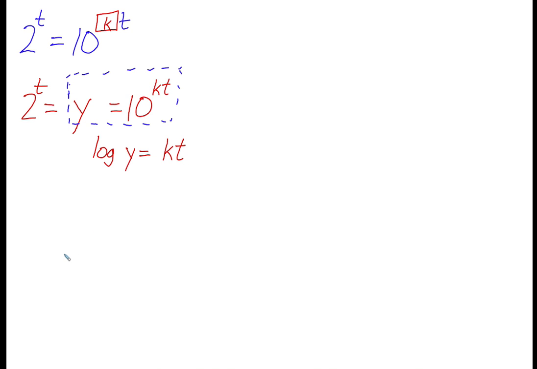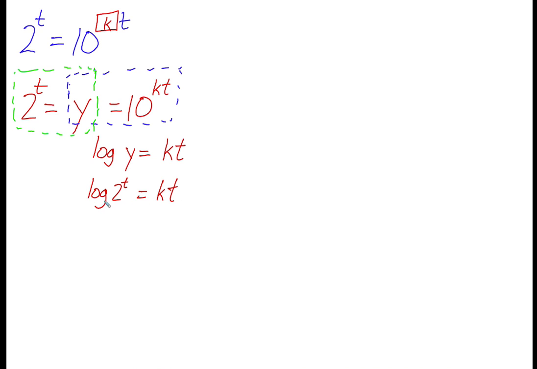But what is y? y, not only is it 10 to the kt, it's also 2 to the t. Because remember, we said both of these things were equal to y. They're equal to each other. So this y here is 2 to the t, which means I can replace this y with 2 to the t power. The log of 2 to the t is equal to k times t.